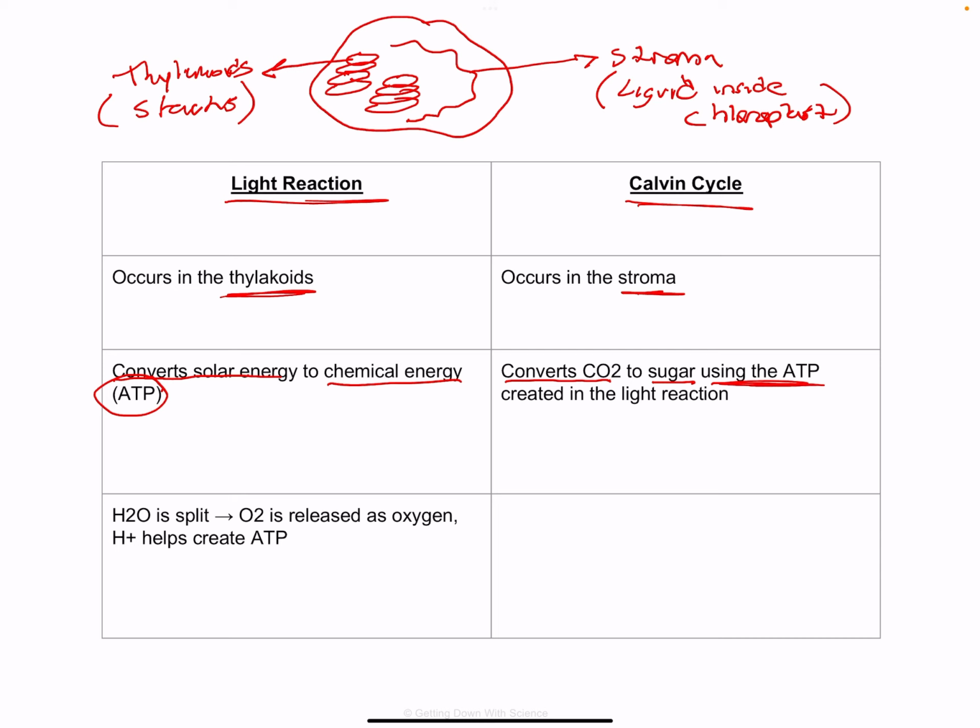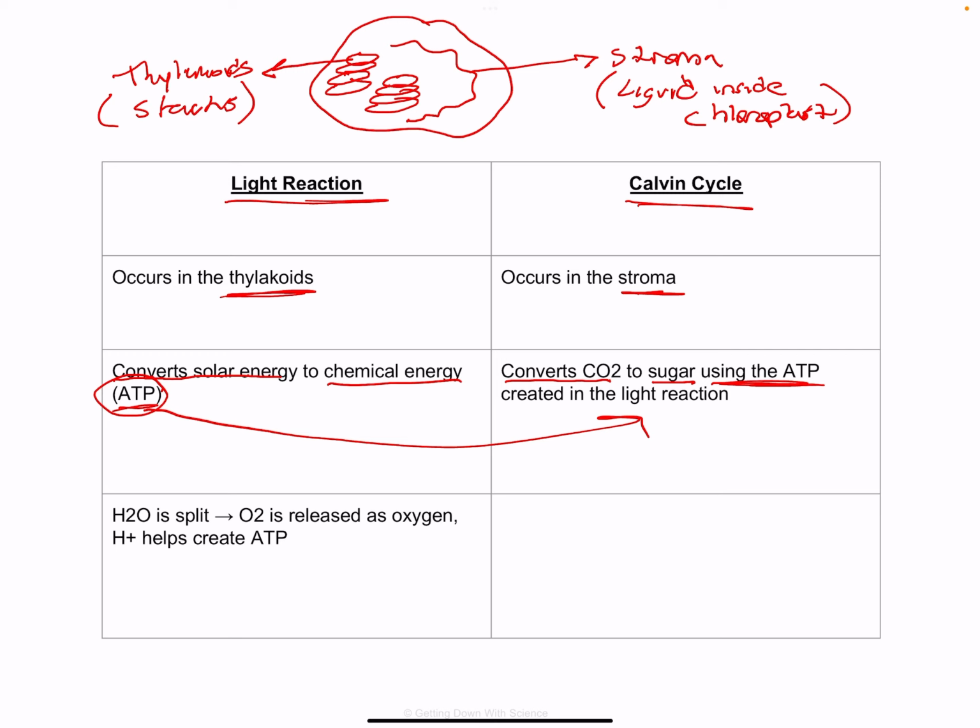This is why, everyone, converting light into ATP is the first part of photosynthesis, because without that ATP, we would not be able to take carbon dioxide and make sugar. Okay? So one more time, light reaction takes solar energy, converts it to ATP.